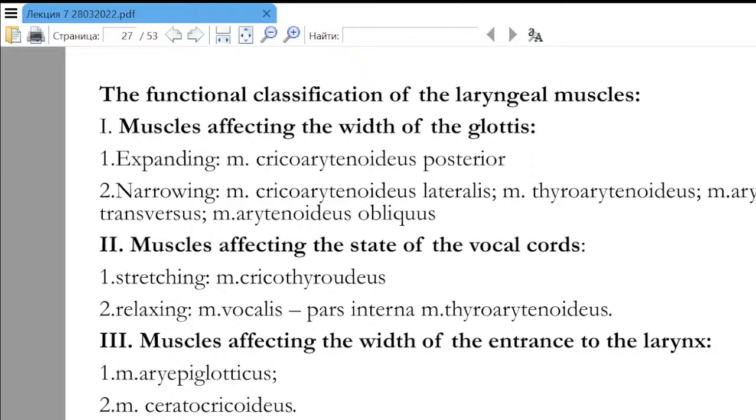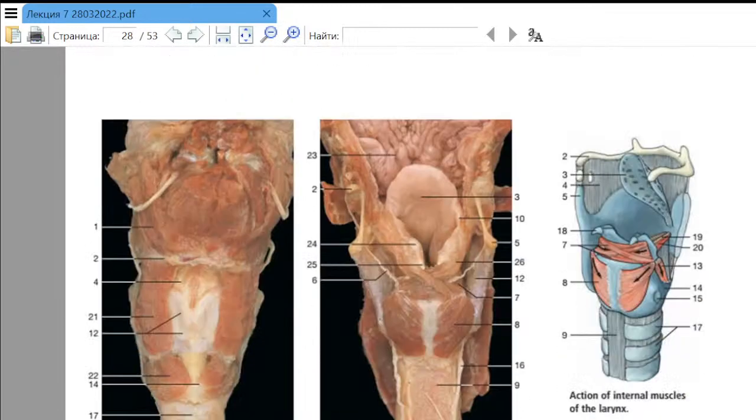This is the four groups of laryngeal muscles. You see laryngeal muscles, larynx, anterior aspect and posterior aspect. This is a scheme.